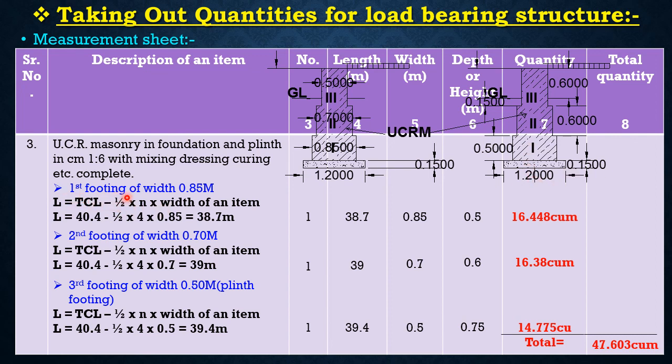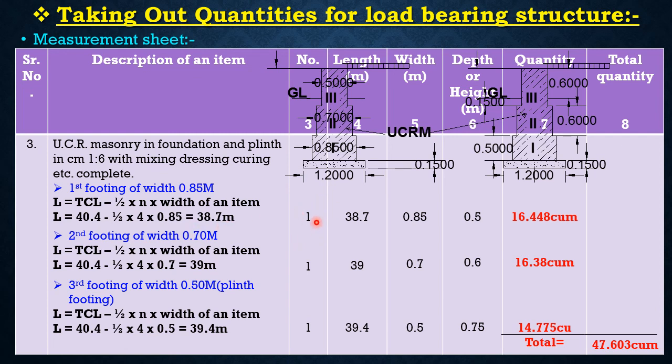Then for the first footing of width 0.85 meter, length is TCL minus 1/2 into n into width of an item. This is the formula of center line method. Then L is equal to 40.4 center line length minus 1/2 into number of T junctions, which is 4, into width of an item 0.85 meter, first step. Then length is 38.7 meter.